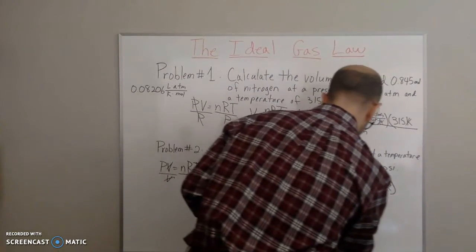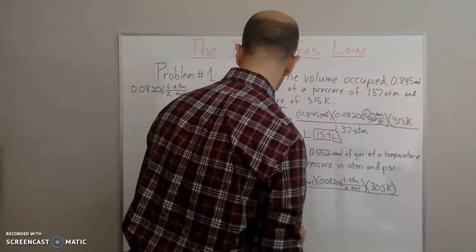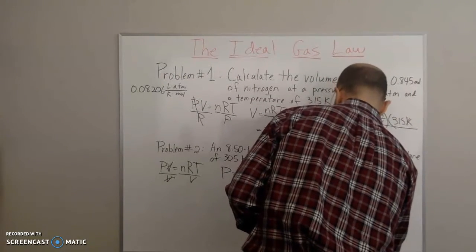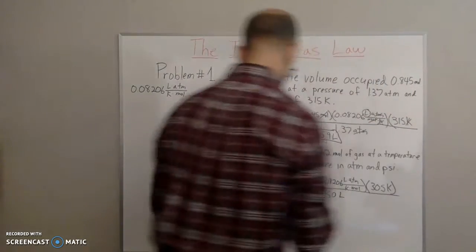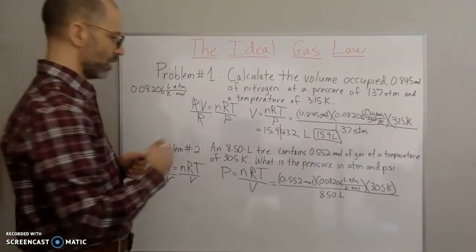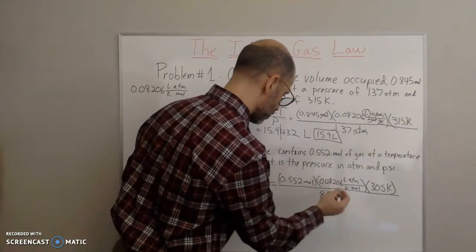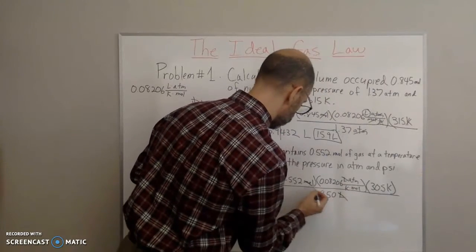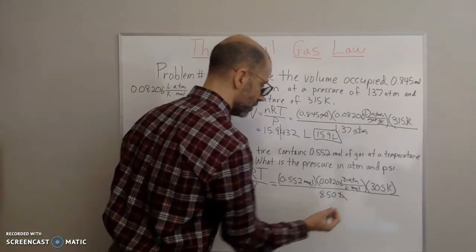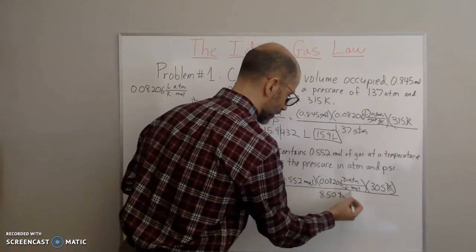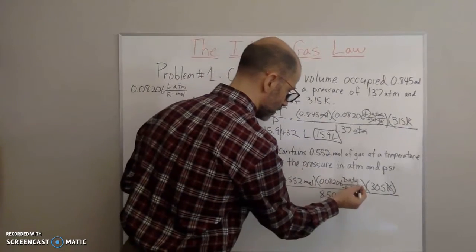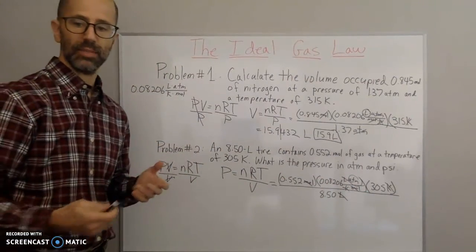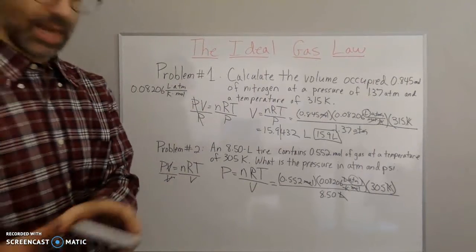And we're dividing that by the volume, which is 8.50 liters. So now everything cancels out. Liters are going to cancel out. Moles are going to cancel out. And Kelvin cancels out. And so we're left this time with atmospheres. So when we calculate the pressure, we're going to get it in atmospheres.